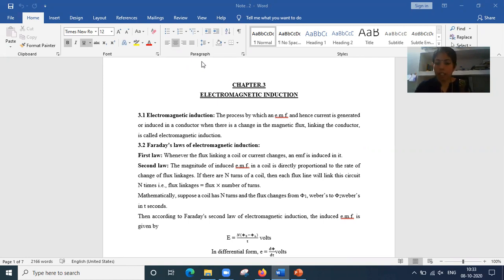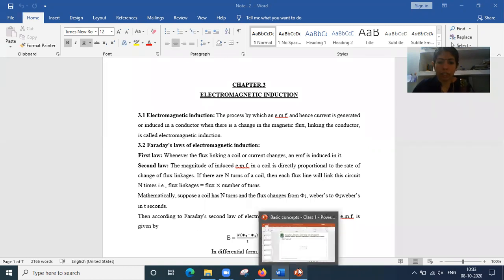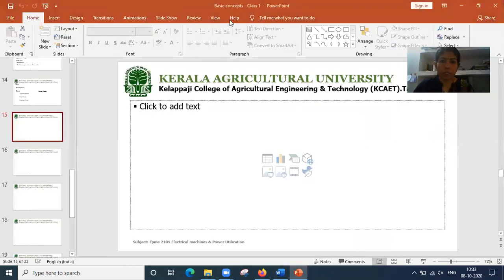I will explain with an example. Just assume a coil or a conductor, and near it a magnet, with a north pole and south pole, is placed.